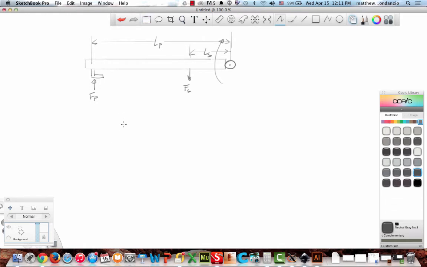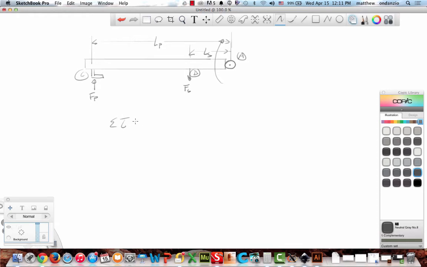All right. So let's sum the torques. Sum of the torques, and I'm going to call this point A, this point B, and this point C. A is the pivot point, B is the force of the spring, C is the point at which the pushing is happening.